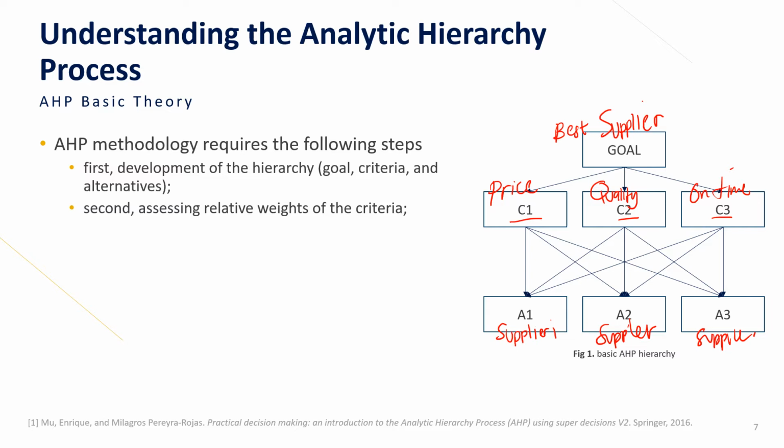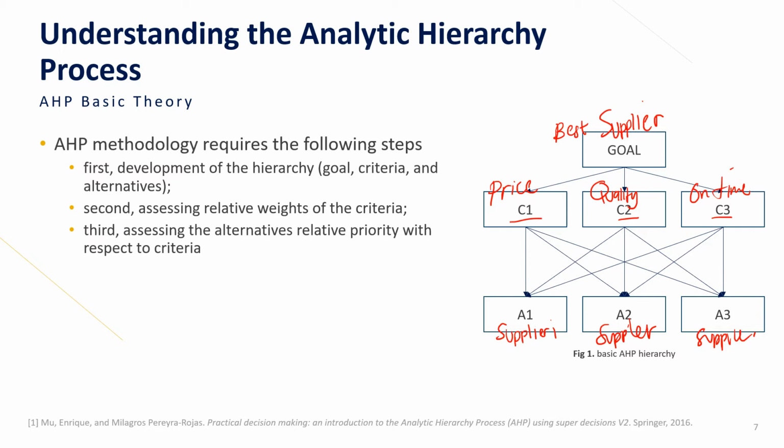I have the subjective priority that the weight of quality should be higher than the price and on-time delivery. This is called assessing relative weight of the criteria.